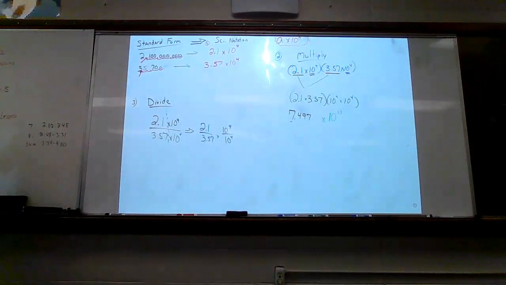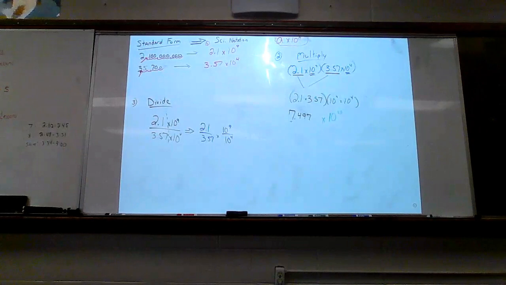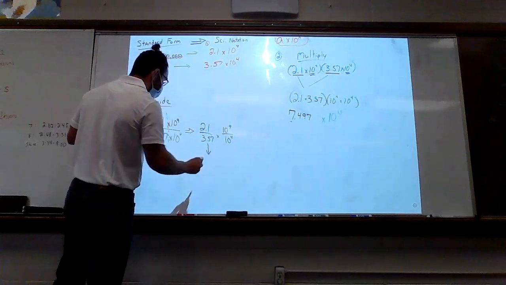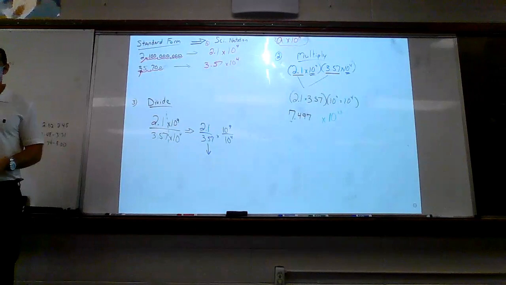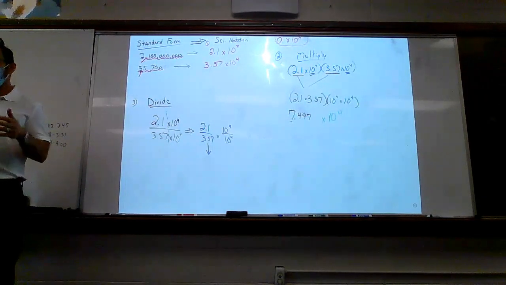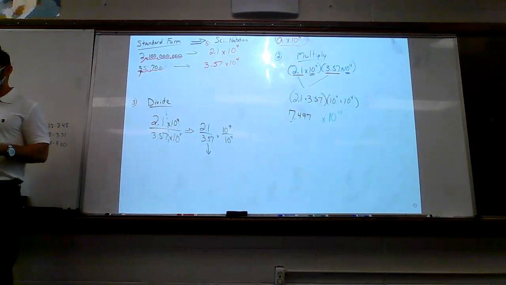Once again, I think these steps are easy. Get your calculator. Do 2 and 1/10 divided by 3 and 57/100ths. Emma, what'd you get?